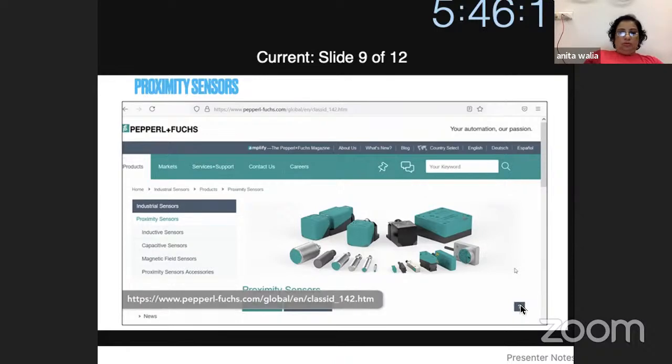I have just pasted the URL of the site, and on this site you can find various kinds of proximity sensors: inductive, capacitive, magnetic sensors, and there are a lot of accessories also.